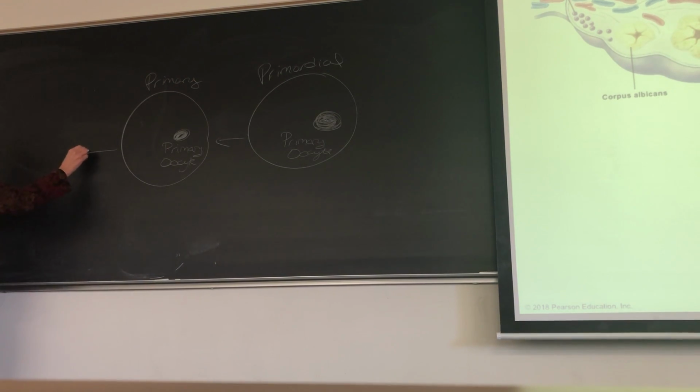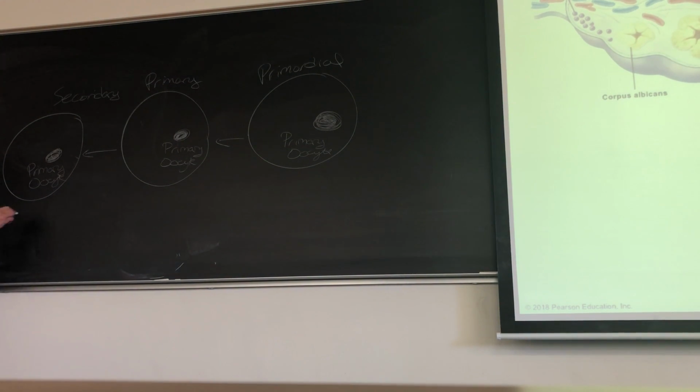The primary follicle then develops into a secondary follicle. And that secondary follicle still contains the primary oocyte. Okay.